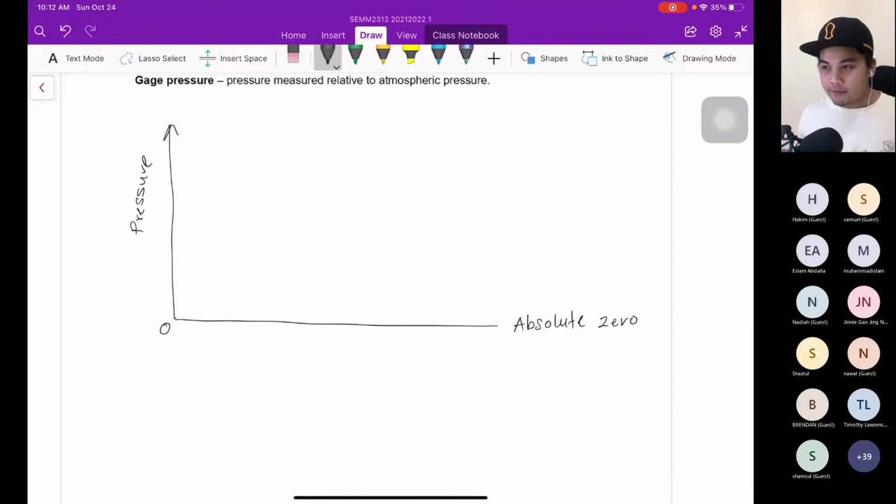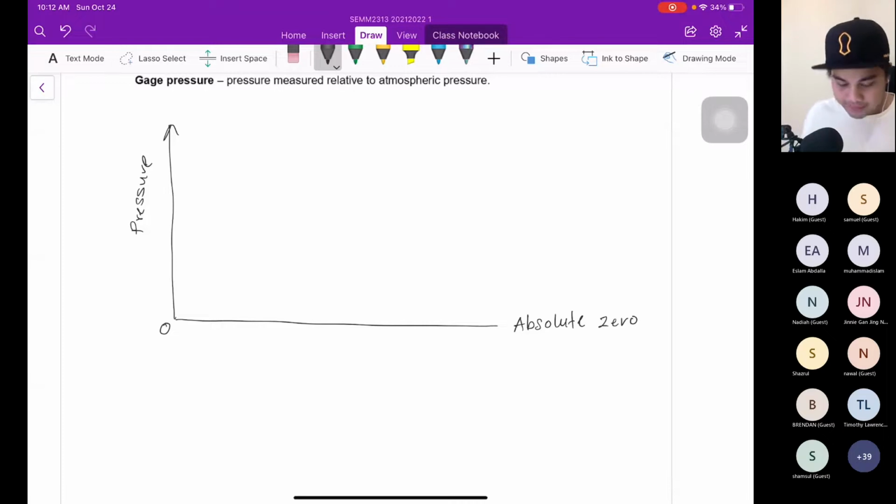Okay, we are living in our surrounding now. We are living in the atmosphere, right? Our surrounding is full of atmospheric pressure.